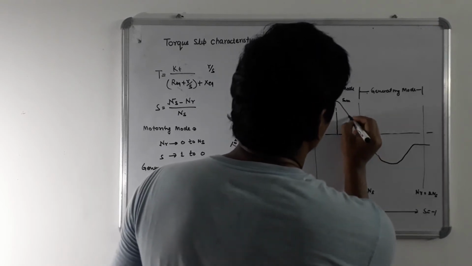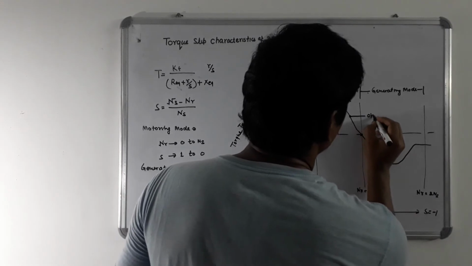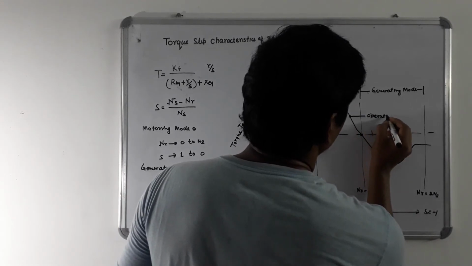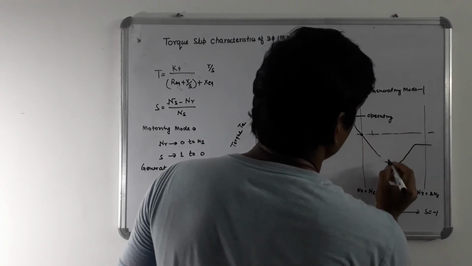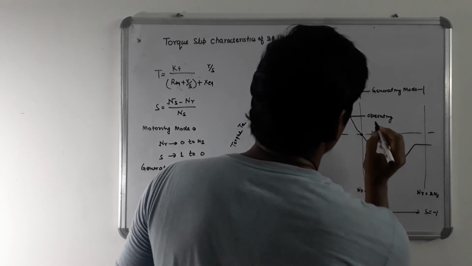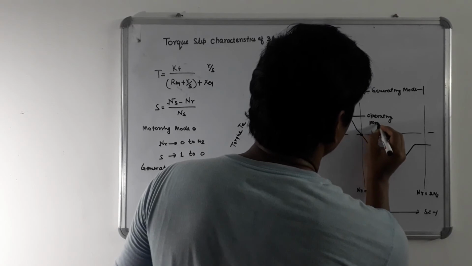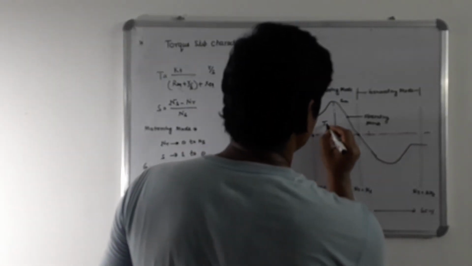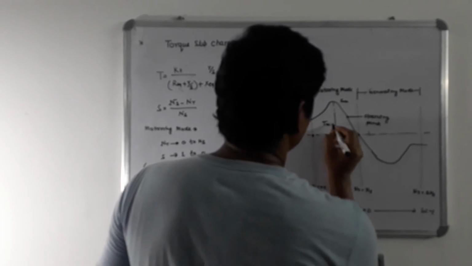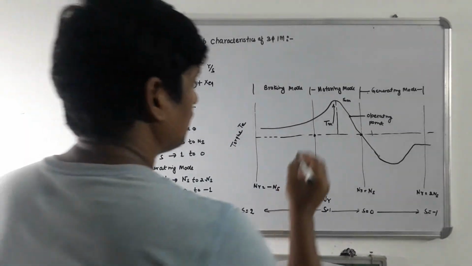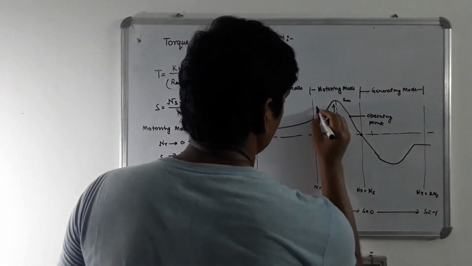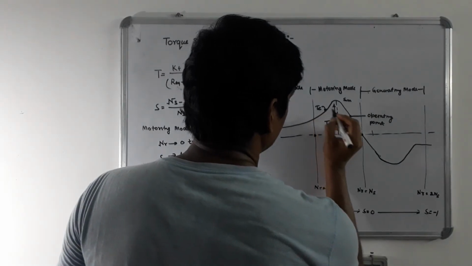This is the operating point, this is Tm, the maximum torque, and this graph represents the electromagnetic torque.